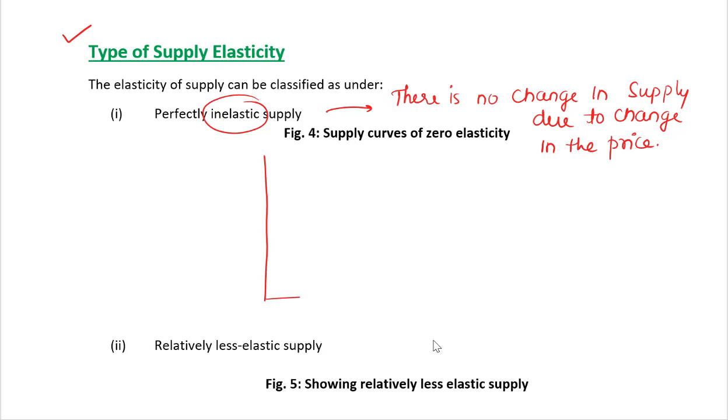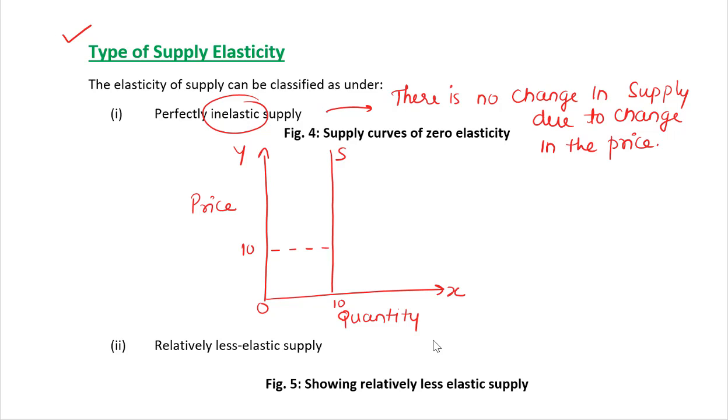Let's see this. X, origin, Y. We are plotting here price on y-axis. On x-axis we are plotting quantity. This is the supply curve. So at a price of 10, the supply is 100.